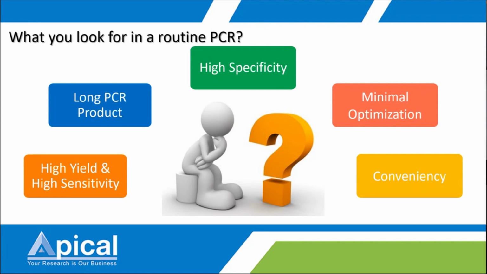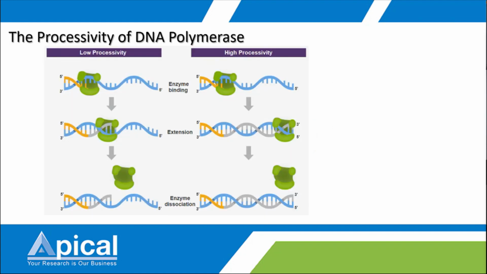Okay, so what are the characteristics? One of them is processivity. The processivity of a DNA polymerase refers to the number of nucleotides added to a growing DNA strand in one single binding event, before the polymerase dissociates from the template strand.